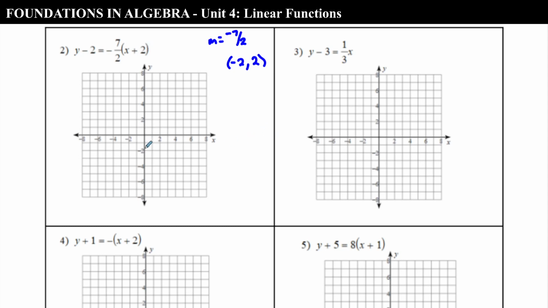So you have negative 2, which is your x, and then your y, positive 2. That's where our point will go. Now we're going to use our slope to plot another point. So negative 7 over 2, so down 7, 1, 2, 3, 4, 5, 6, 7, and to the right 2. And there's our point. That's really the only 2 points that we can plot. So we're going to connect our line through those 2 points like that.